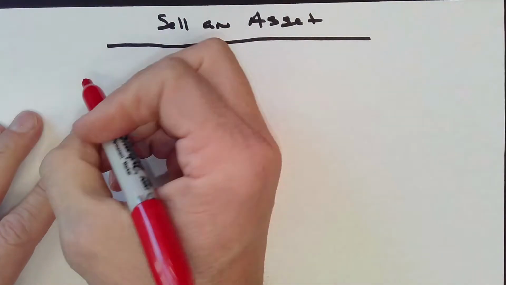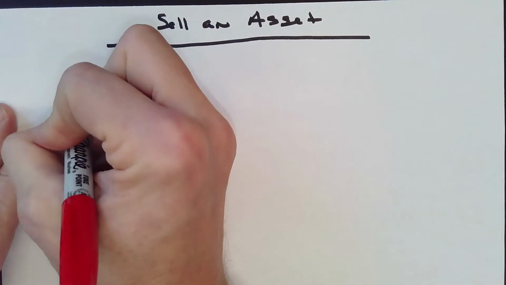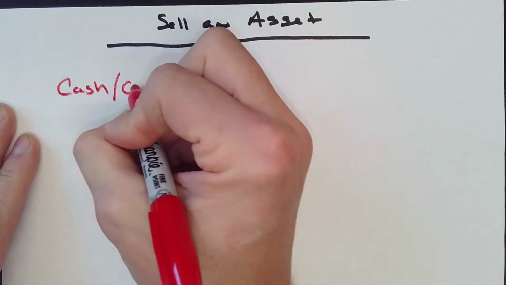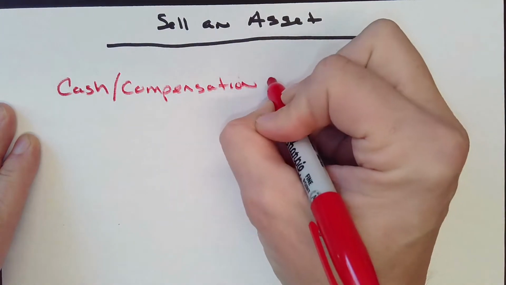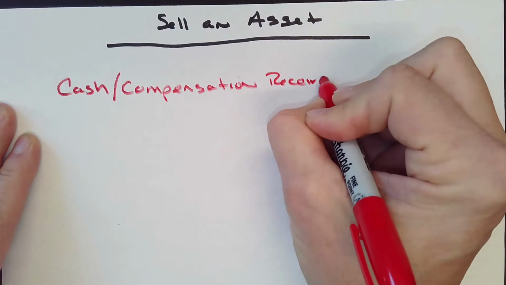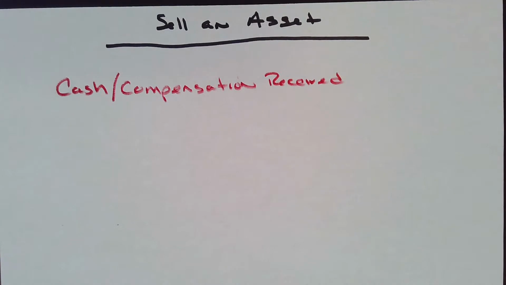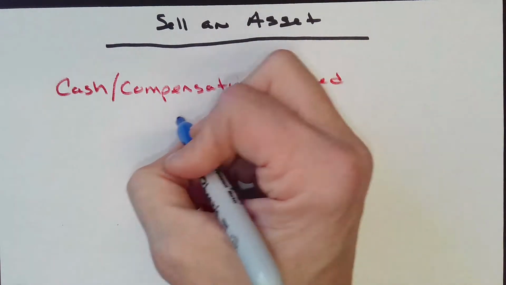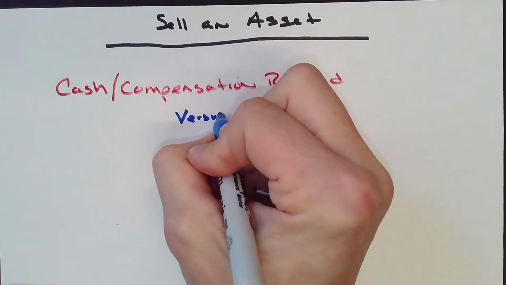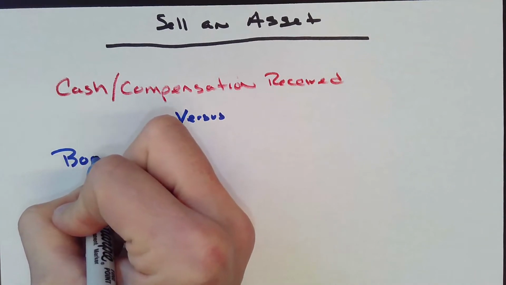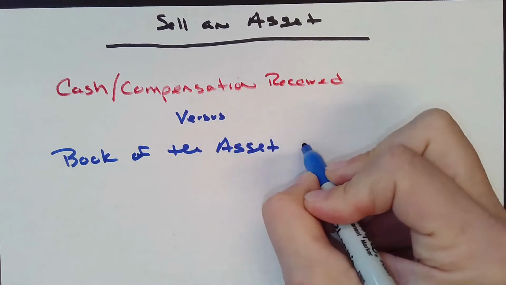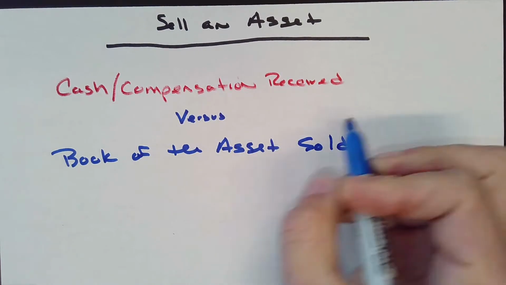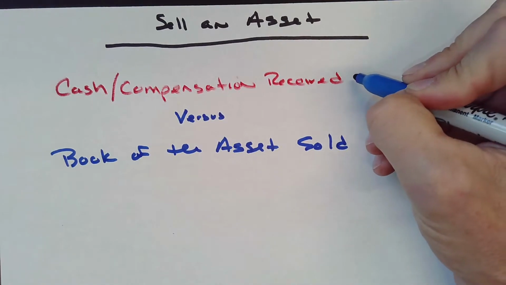One, the cash or compensation received, versus the book value of the asset sold. Okay? And I'm looking to see, is this greater than this?